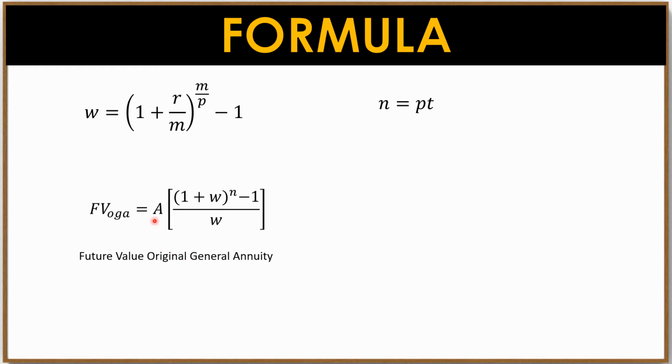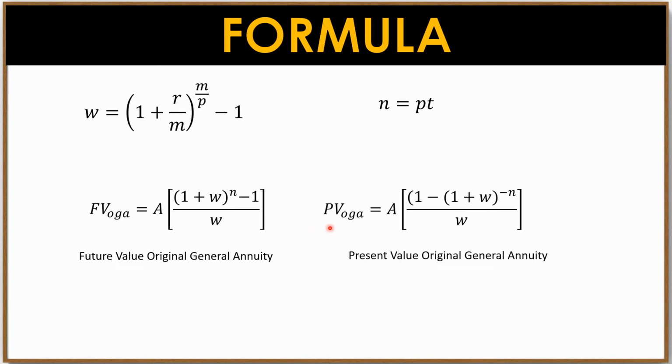So we have here, this refers to annuity times 1 plus W raised to N minus 1 all over W. And for the present value of ordinary general annuity, we have PVOGA is equal to annuity times 1 minus 1 plus W raised to negative N all over W.